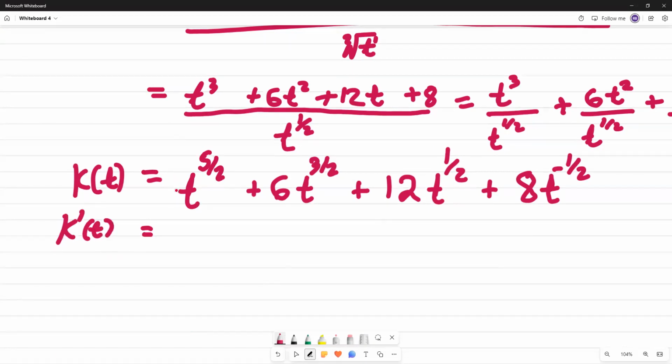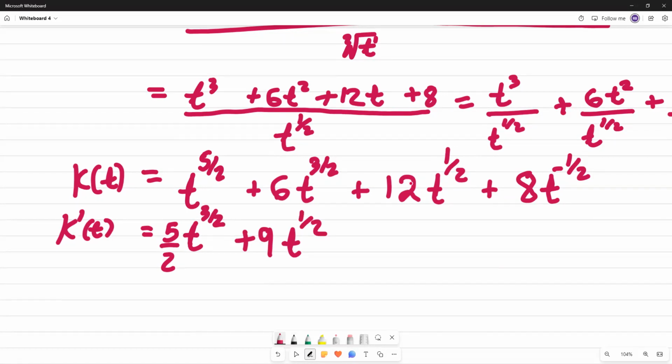Remember there's a 1 here. So 1 times 5 over 2 will be 5 over 2 t, and 5 over 2 minus 1 gives us 3 over 2. Then let's check this. It's going to be positive 6 times 3 over 2, which is the exponent. It gives us 9, and if we minus 1 from the exponent, we're left with a half. So we have 9t to the power half.